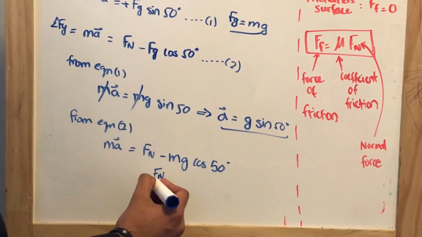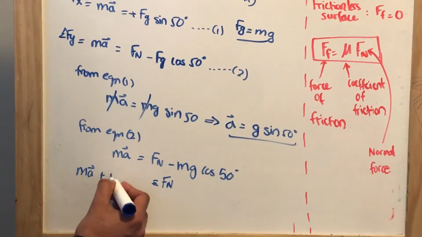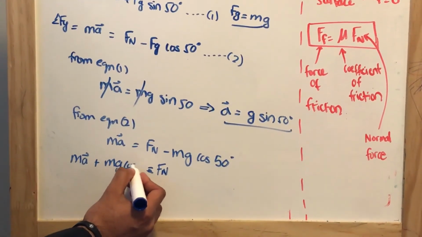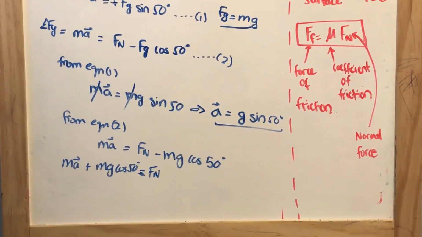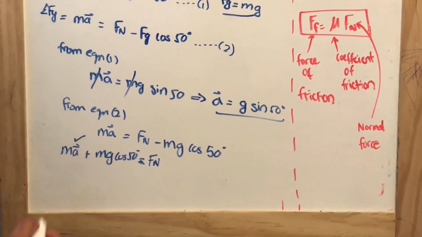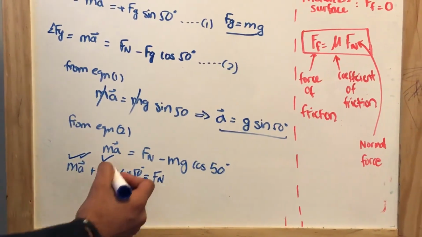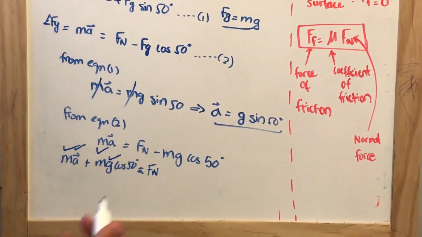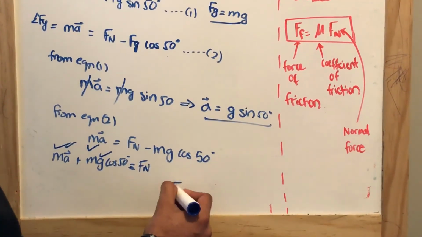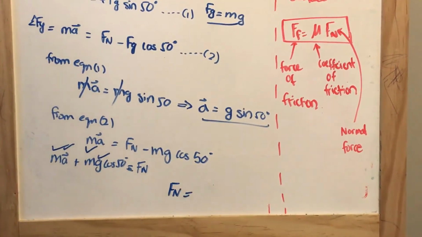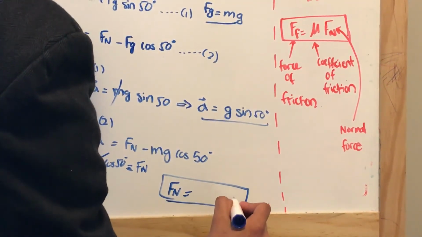So my equation becomes Fn is equal to mass times acceleration plus mg cosine of 50, right? We were able to find acceleration from here. Mass is given in the question, gravity is known, and cosine of 50 you can plug into your calculator. When you plug all of this in, you will get a value for Fn, which is going to be your answer in newtons.